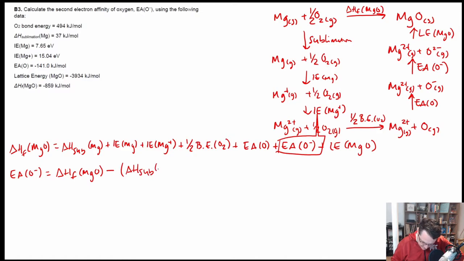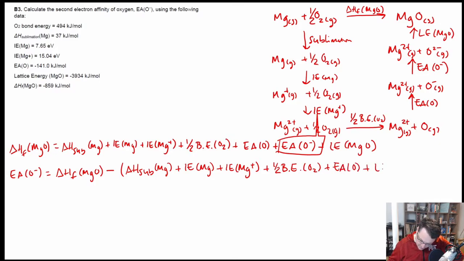So that's the delta H of sublimation of magnesium plus the ionization energy of magnesium plus the ionization energy of magnesium plus 1/2 bond energy of O2 plus the first electron affinity of oxygen plus the lattice energy of magnesium oxide. Right? So we have that.